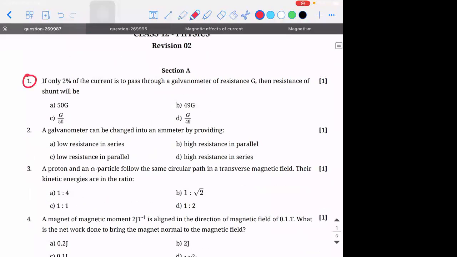So try this one. If only 2% of the current is to pass through a galvanometer of resistance G, then the resistance of the shunt will be how much? So if the total current is I, then what will be the value of Ig?